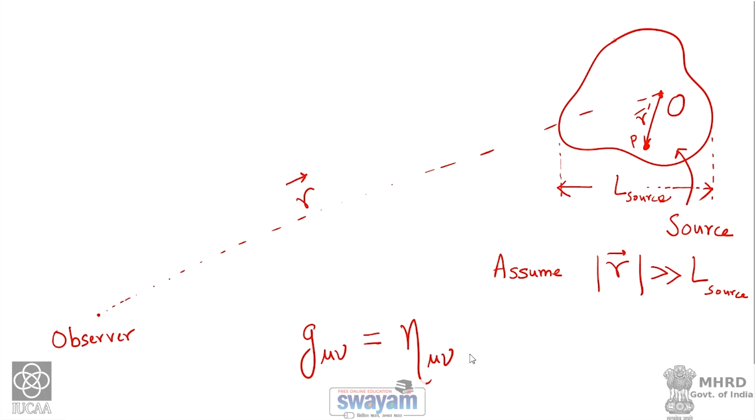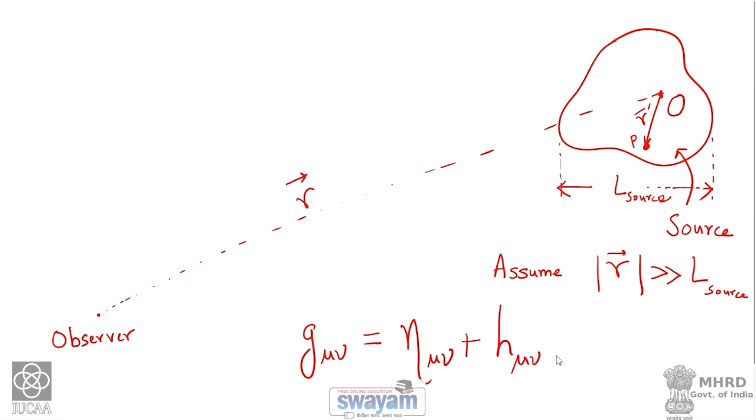But since the matter distribution is very far away from the observer, the correction to the Minkowski metric tensor will be small. So, therefore, I can add another term which represents the change in the geometry due to this matter which is far from the observer.